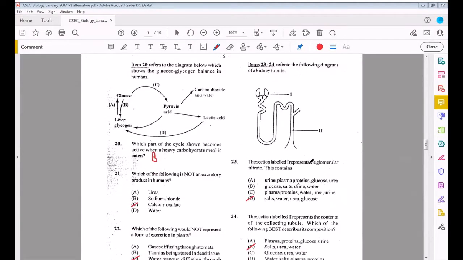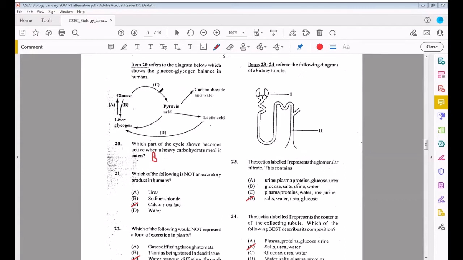Item 20 refers to the diagram below, which shows the glucose glycogen balance in humans. Which part of the cycle shown becomes active when a heavy carbohydrate meal is eaten? We don't need to know anything else about this part. We don't need to know anything about pyruvic acid at this point, right?